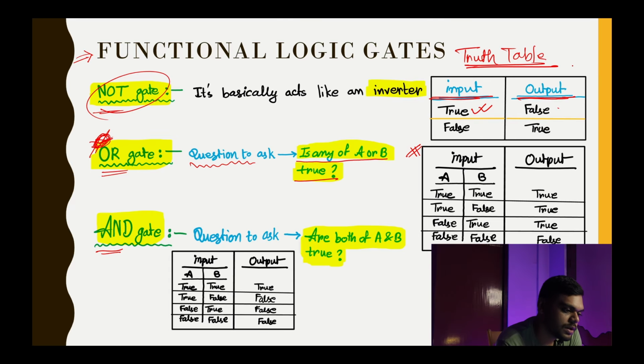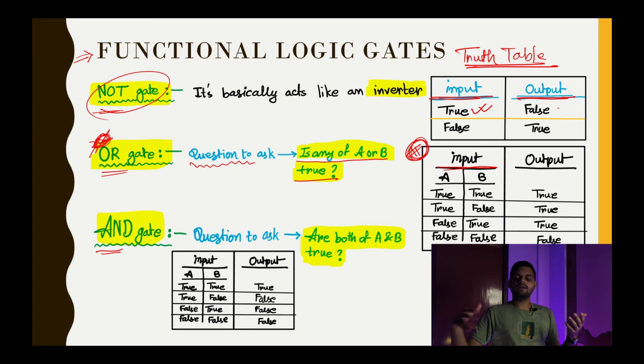It's truth table. Okay, so for the OR gate we have two inputs. In case of the NOT gate, we had only one input, only one statement, and the NOT gate used to convert it to its complementary.